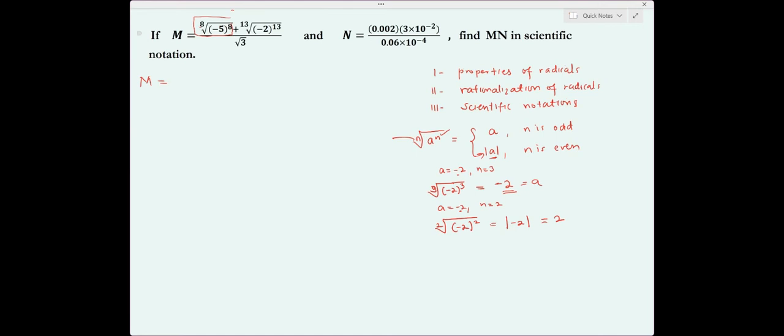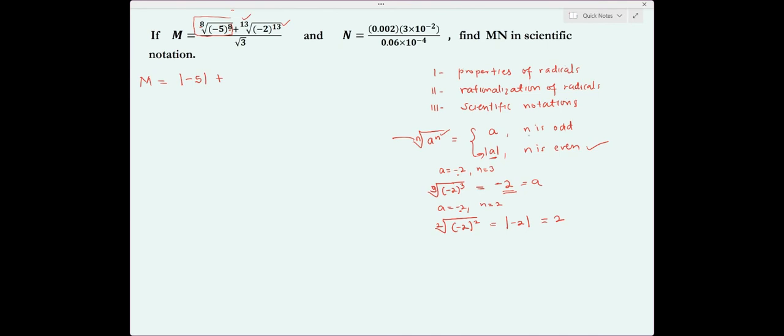The index is even, and the exponent, both 8. So we are in this category here, and you can see they are the same, 8, 8. So this will just be the absolute value of minus 5. Plus, for the second term, you have odd 13 and 13, so the index and the exponent are odd.